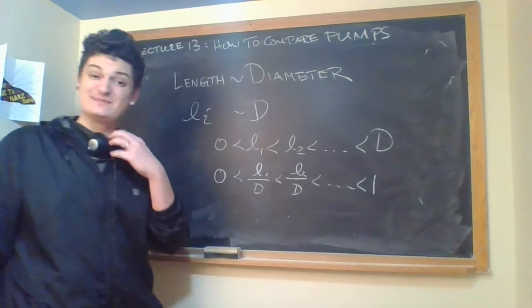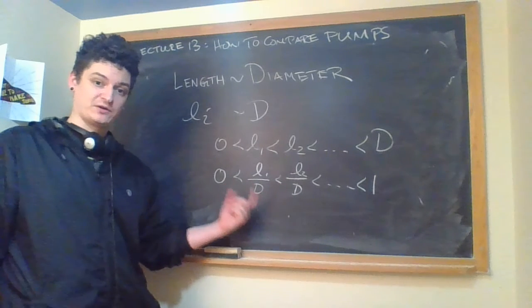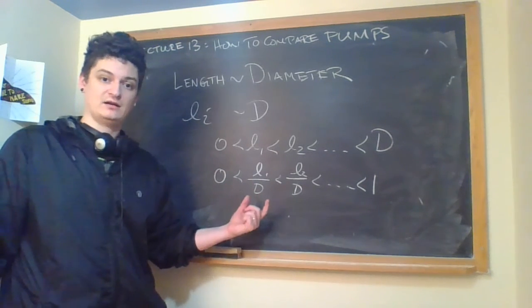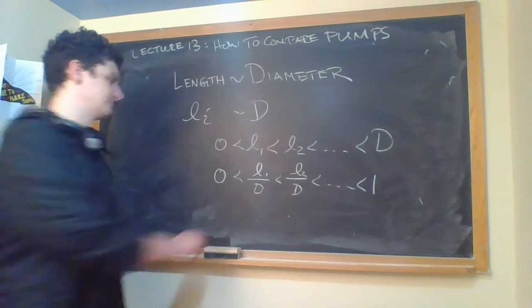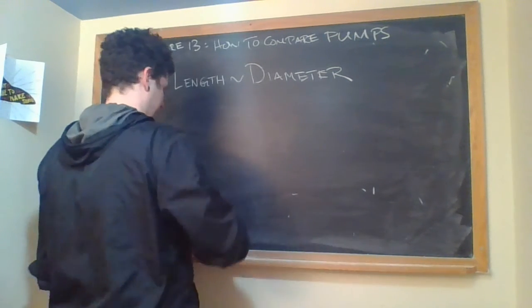So for all the independent variables that we had, this is how your lengths should scale: normalized by the largest value. Non-dimensionalization, if you just look at the scales, right?